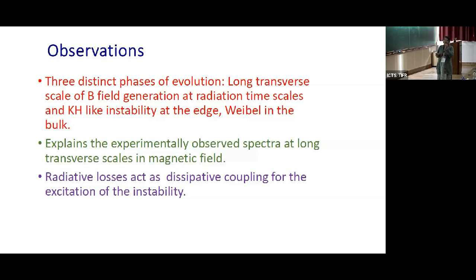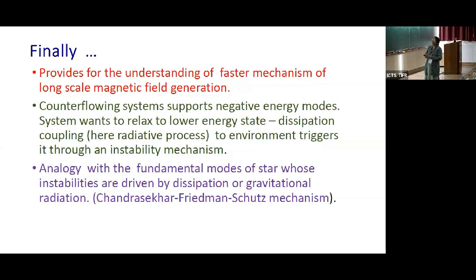And in fact, now the experiments are also measuring the very initial stages, which matches with the simulation. And so radiative losses essentially are acting as a dissipative coupling for the excitation of this instability. And so finally, this provides an understanding of a faster mechanism of long scale magnetic field generation.